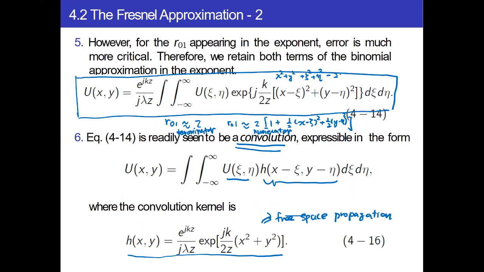And y eta, and then it is divided by z. So what we are going to assume is that this term is nearly zero, okay? And this term is independent of xi eta, so we can take it out, and only this term is left over.